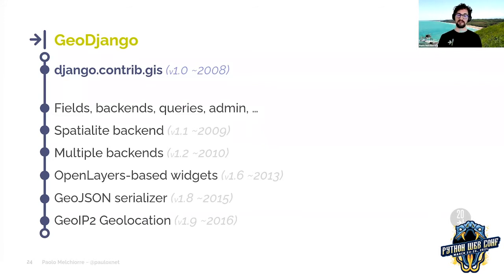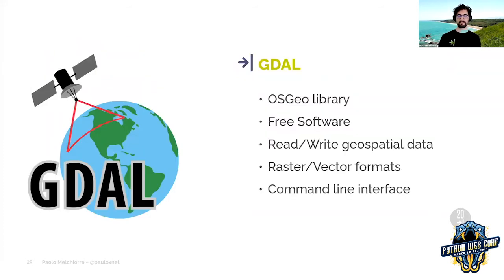Before activating it, we need to install some requirements. A mandatory GeoDjango requirement is GDAL. It's an OSGeo library for reading and writing raster and vector geospatial data formats.